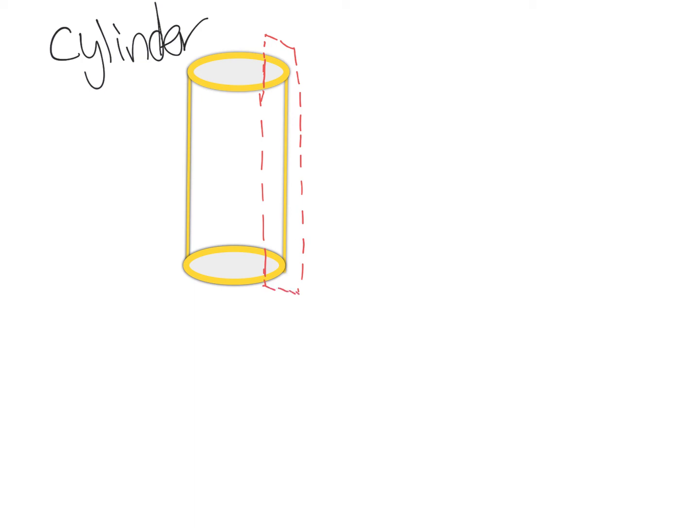This plane is crossing through the whole piece. So it's actually going to be going through here and then all the way cut through. And that one is going to create a rectangle.